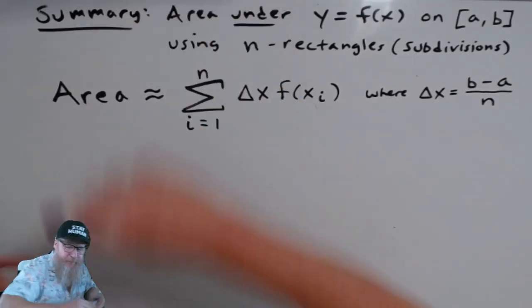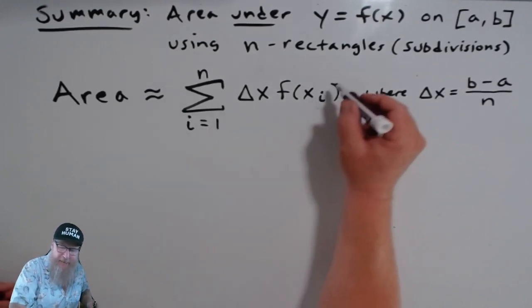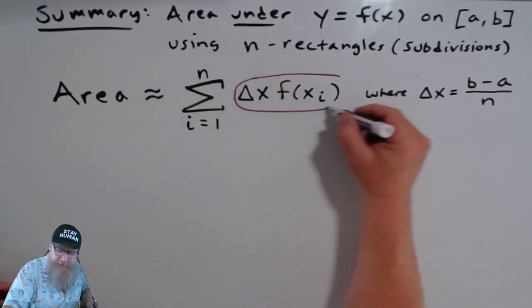And so from what we've learned before, I is the index. Each one of these is an area.